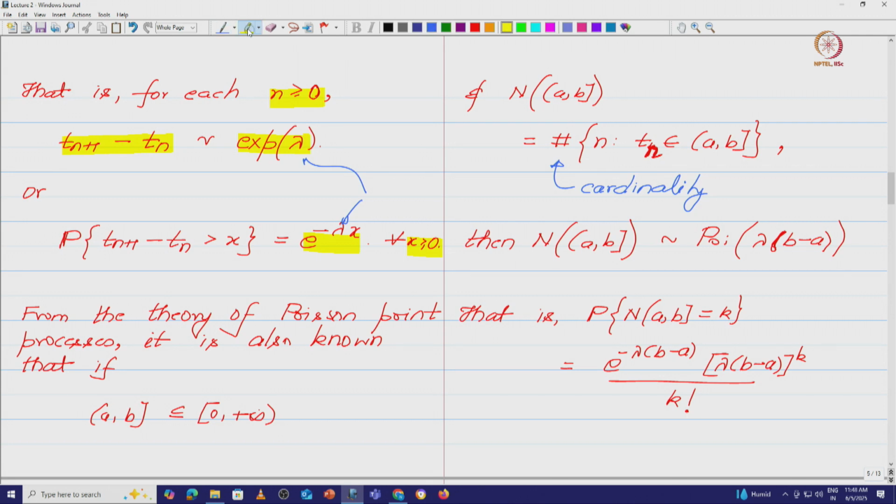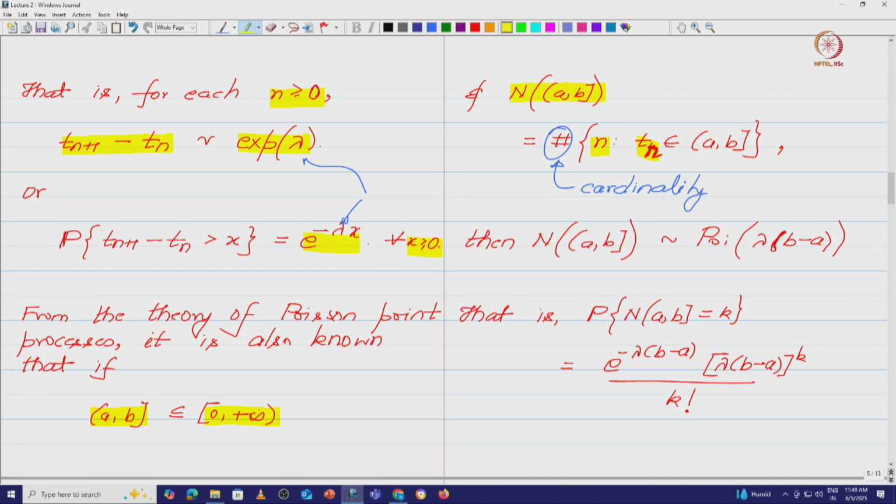For example, if you look at an interval (a, b] of the non-negative real line, then the number of time instances that fall within (a, b], which we denote by N(a, b), is basically the cardinality of the set of all those n such that Tn lies in the interval (a, b]. I denote this interval as open on the a side and closed on the b side, but it doesn't matter because these exponential random variables are continuous, so it doesn't matter how I define these sets.